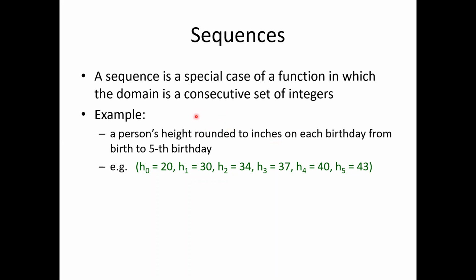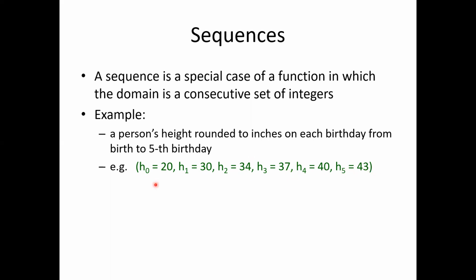Okay, so a sequence is a special function whose domain is consecutive integers. Why? For example, take a sequence of heights of a person who is growing. h0 is the height when the person is born, let's say 20 inches. Then a year after it is 30 inches, 34, 37, 40, 43.